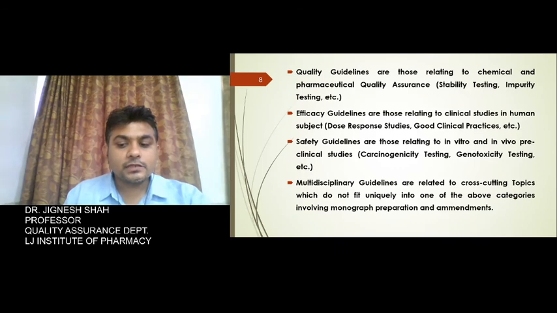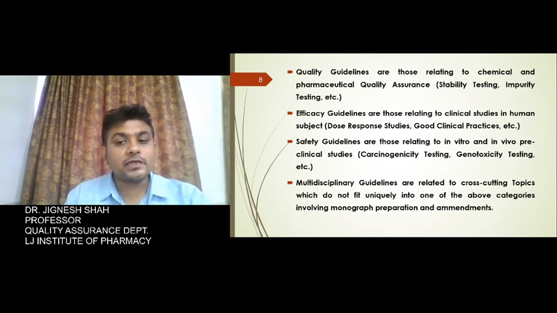The third guidelines are the safety guidelines. Safety guidelines are basically those guidelines which are related to in vitro and in vivo preclinical studies. These guidelines provide details about animal testing, how to do animal testing, how to do toxicological studies.